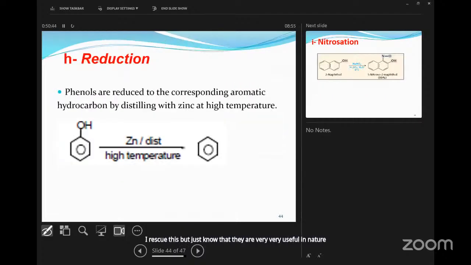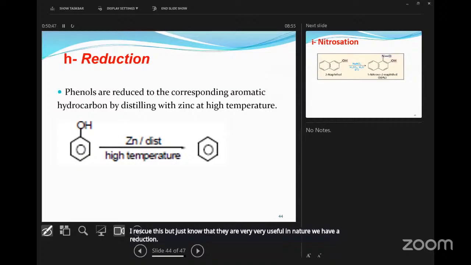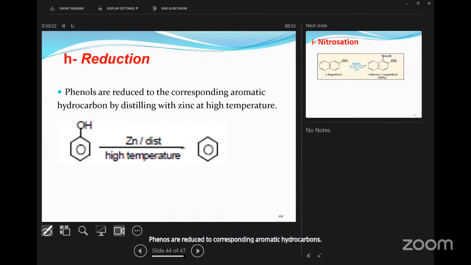Then we have a reduction. Phenols are reduced to the corresponding aromatic hydrocarbons by distillation with zinc. When you distill phenol in the presence of zinc, distillation always implies high temperature. So it changes, and this is actually what we call aromatization.